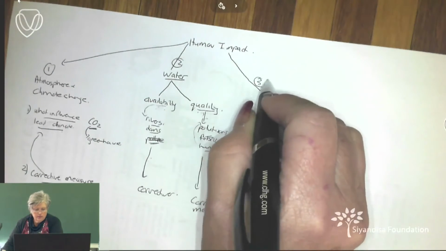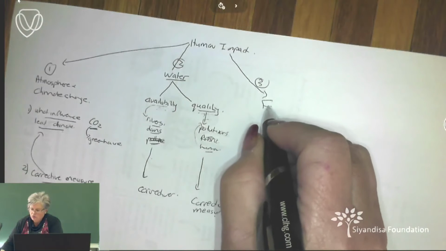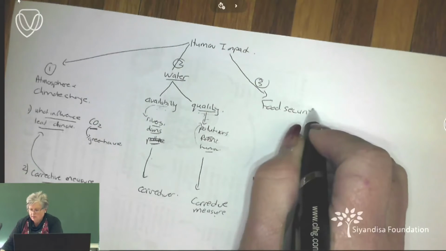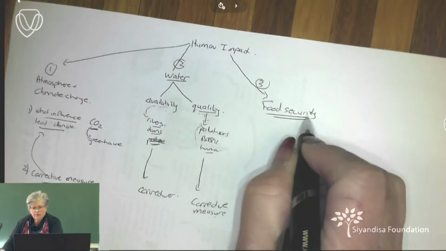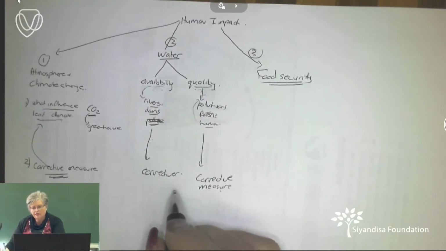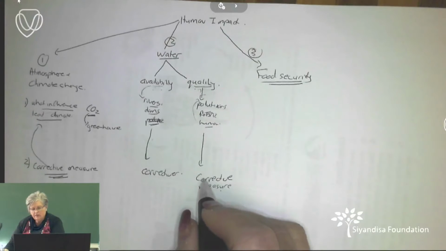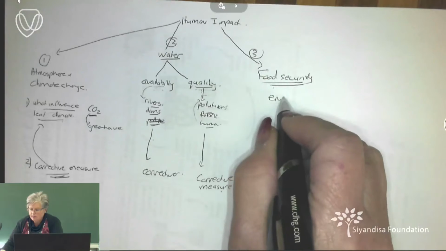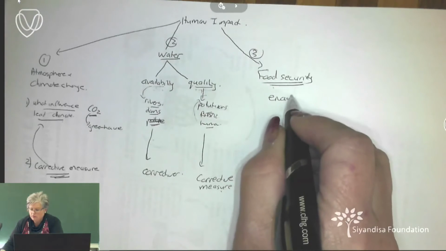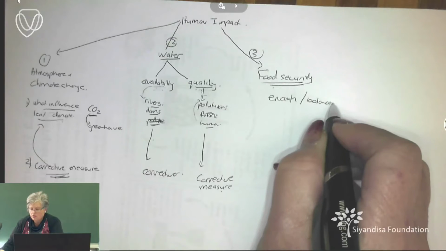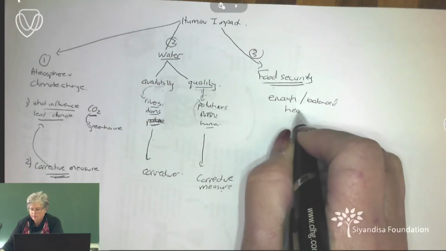The third one we must know is food security. What is food security? What does it mean? Food security means that we have enough healthy food at any given time in our life. So food security does not only mean enough food, it also means balanced or healthy food.